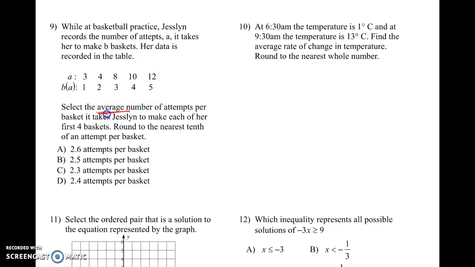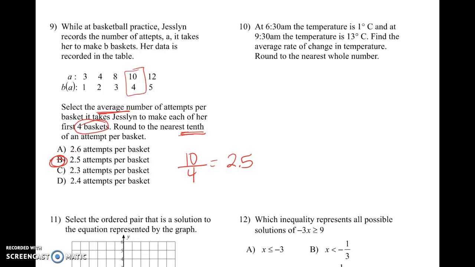Select the average number of attempts per basket it takes Jocelyn to make each of her first 4 baskets. Round to the nearest 10th. So we know that it took her 10 attempts in order to make the 4 baskets. So 10 divided by 4 is 2.5. So it's 2.5 attempts per basket.